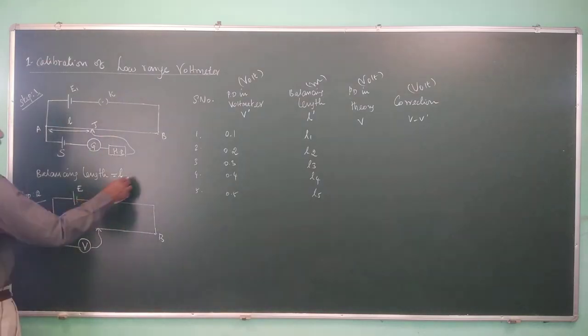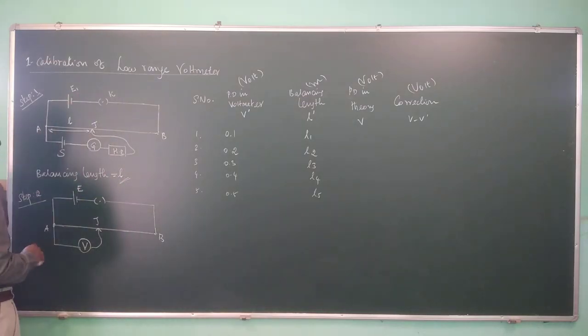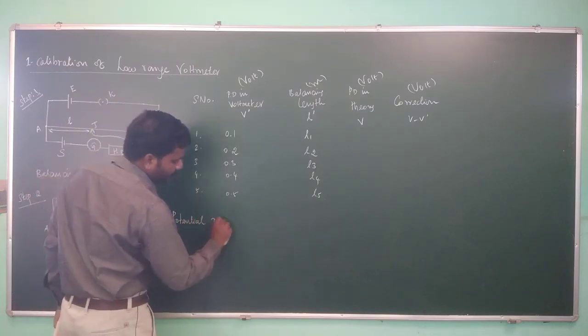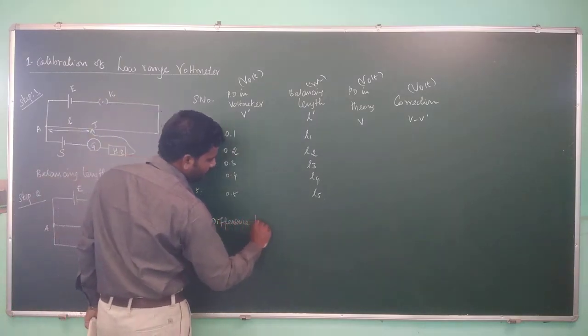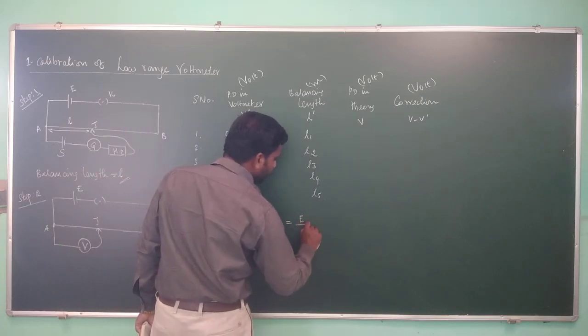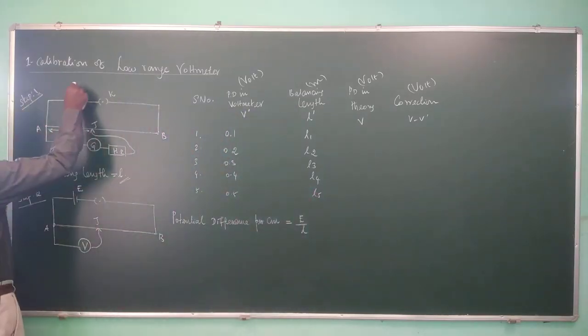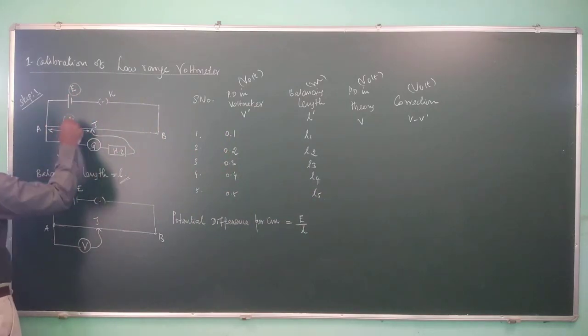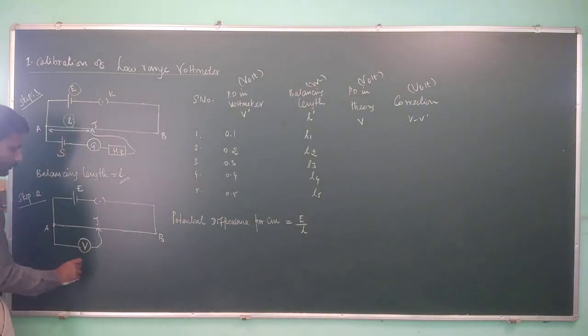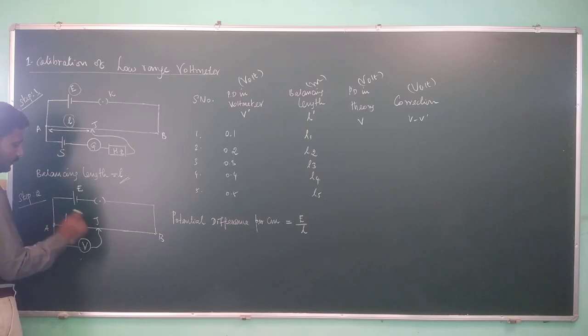Now you see, here we have calculated the balancing length L, and this is the applied potential E, so using these two we can write the potential difference per unit length, which is E by L. Now theoretically, we set 0.1 volt for the first case and for that we have L1, and for 0.2 volt we have L2.